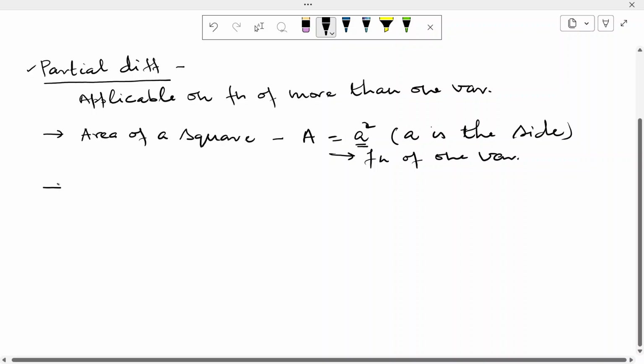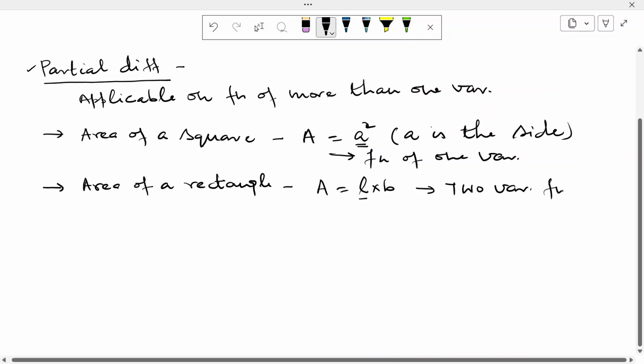Now on the other hand, if you have to discuss the area of a rectangle, then this is L into B, where L is the length and B is the breadth of the rectangle. So this is the case of a two variable function.